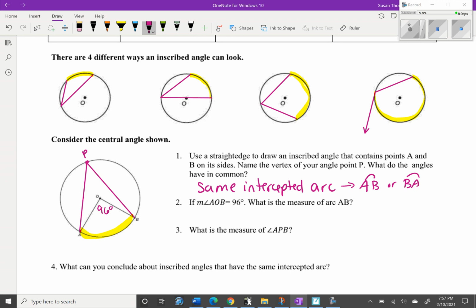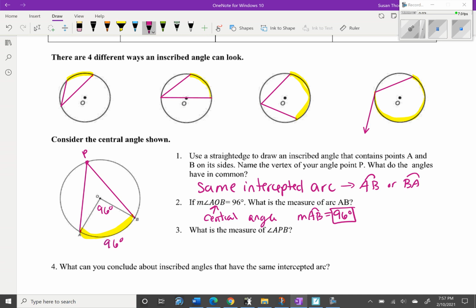Well, we know that angle AOB is a central angle. And we know for central angles that the measure of the arc is equal to the central angle. So that means that the measure of arc AB is equal to 96 degrees.